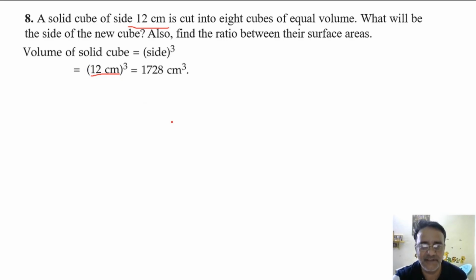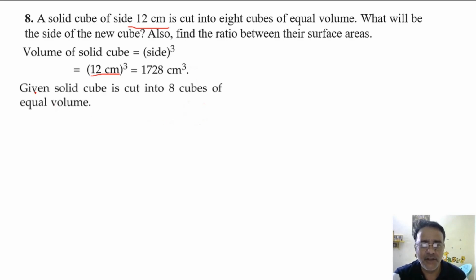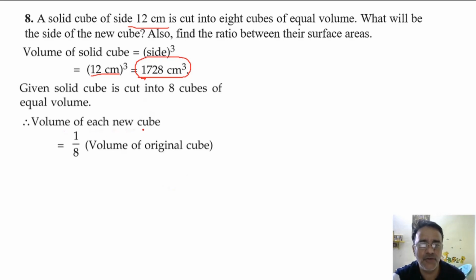Very good. 1728 centimeter cube. Now, the given solid cube is cut into 8 cubes of equal volume. That means the volume of 8 cubes will be equal to 1728. Okay. Volume of each cube will be equal to 1 upon 8 of the volume of the original cube.